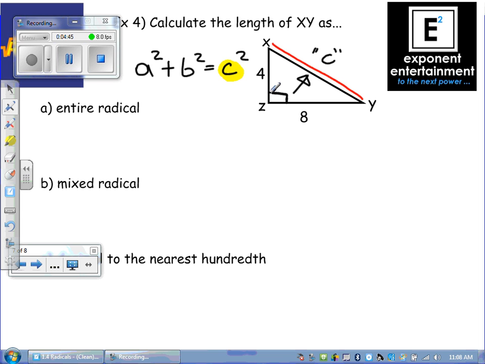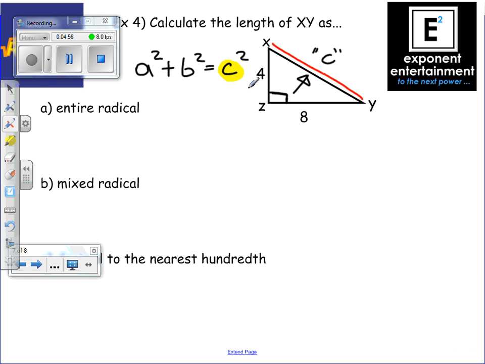Now we're going to calculate the length. So, a squared plus b squared equals c squared. You can sub those numbers in. Let's call this side A. We'll call this side B. We'll call this side C. You just sub your numbers in. A is 4. B is 8. C is still unknown.